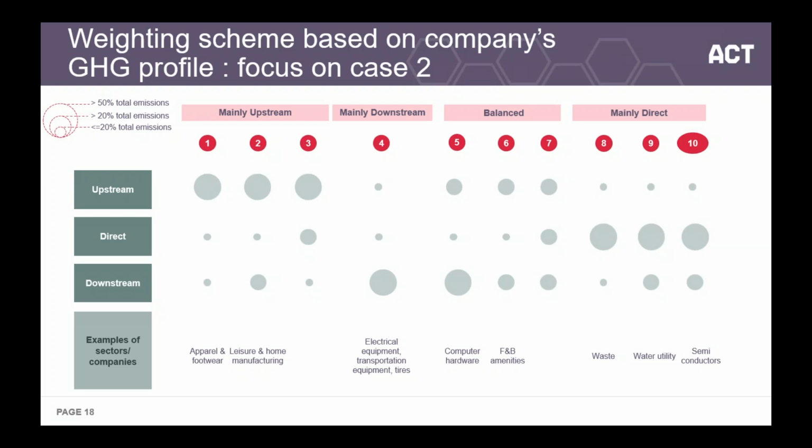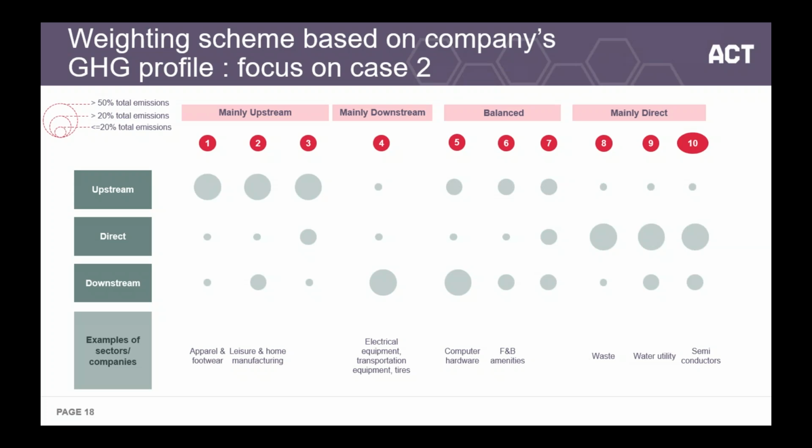So it may be the case, for example, for waste or water utility companies, where the majority of greenhouse gas impact is directly linked to the assets owned by the company. And in this regard, answering the question of how ready this company is for the low carbon transition, we would like to weight the way we assess the company based specifically on the performance of the assets, because most of the greenhouse gas emissions are going to be directly linked with the assets of the company.